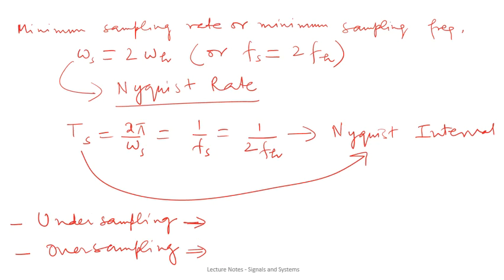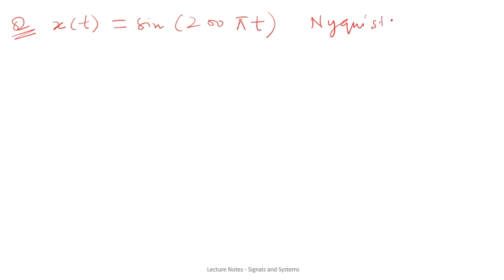Now let us see the problems based on calculating the Nyquist rate. So the first signal is given as x(t) equals sine of 200 pi t.